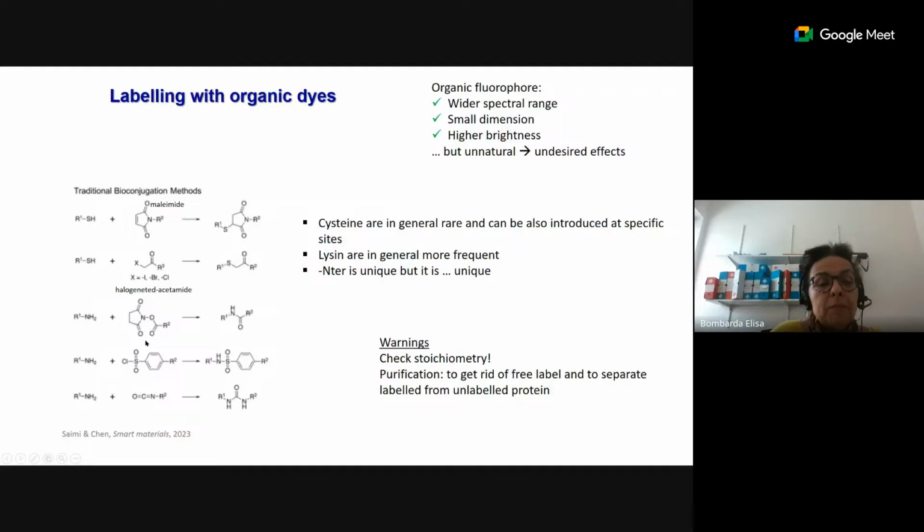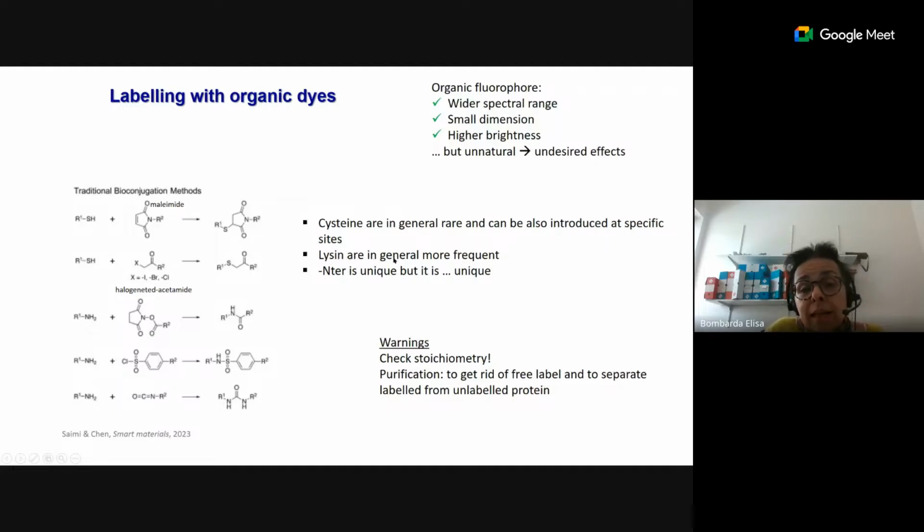Then there are other groups that can be associated to the probe, which interact with amine. Amine can be found in proteins as the side chain of lysine.